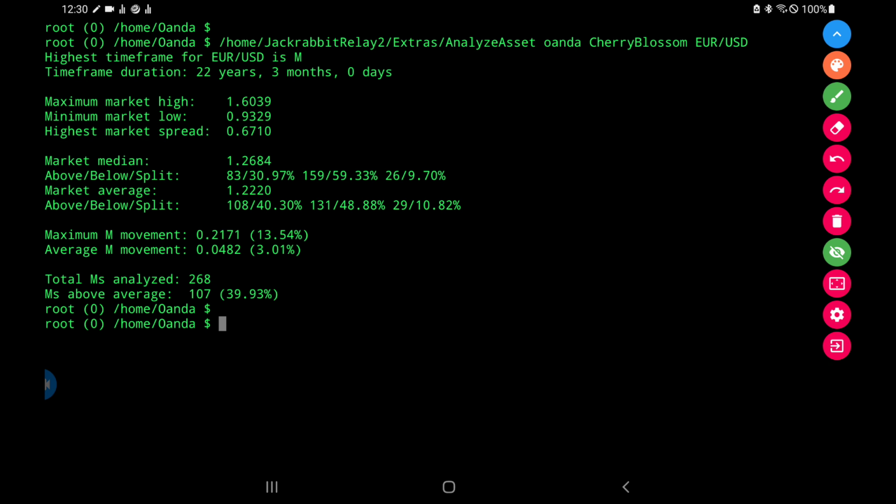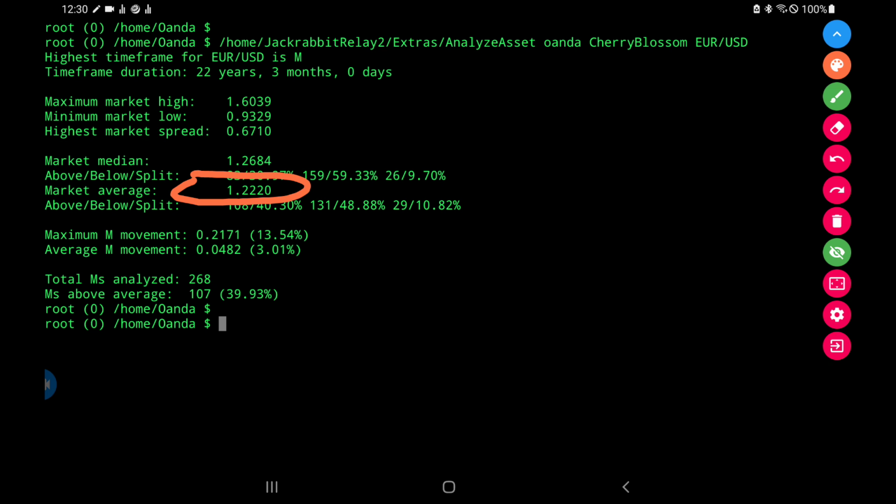Now we look at the market average. That is, we take a look at the prices within the market itself throughout the entire 22-year period. This is an interesting number, 1.2220. What's interesting is it is below the median.